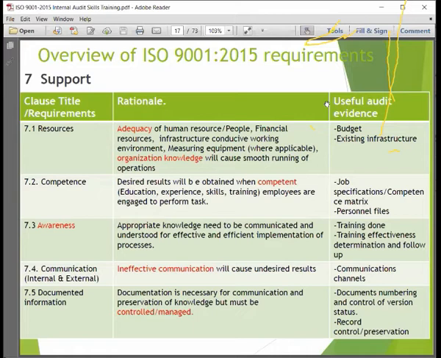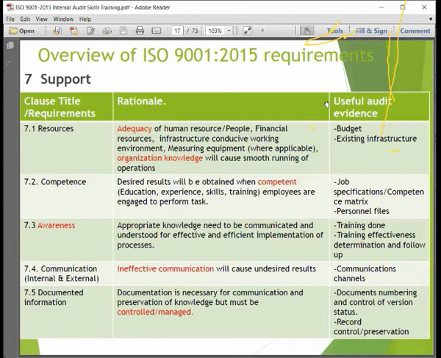Do we have the knowledge to deliver to our customers? Useful audit evidence may be a budget. Do they have a budget? And the existing infrastructure: you can look at it and see, maybe the room is so congested that there is nowhere for customers to sit when they come.